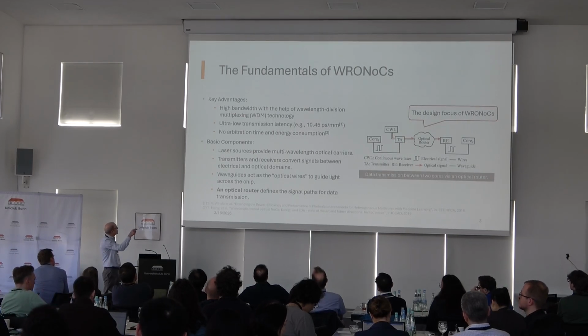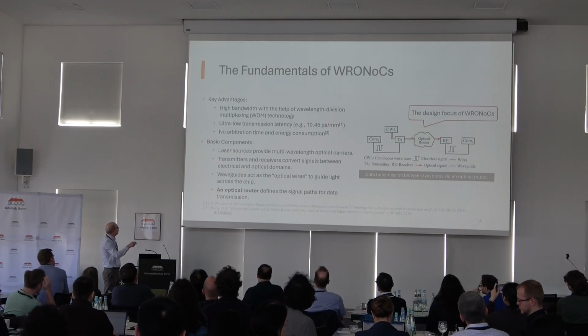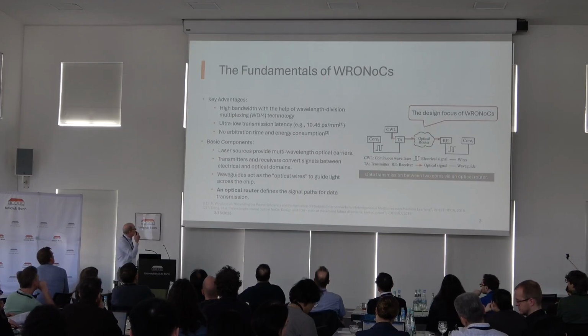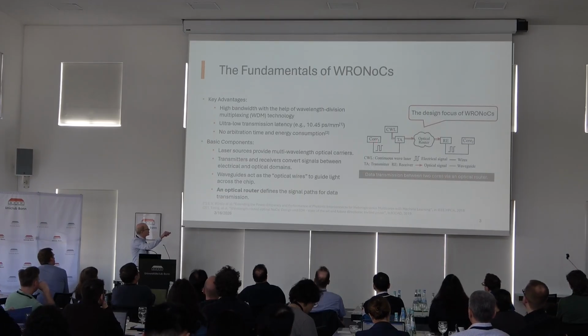the high bandwidth is achieved, for example, by the use of wavelength division multiplexing technology. The key structure is as follows. We have core 1 here, we have core 2, they want to talk to each other, and they do this. This is obviously an electrical signal progressing through electrical wire.